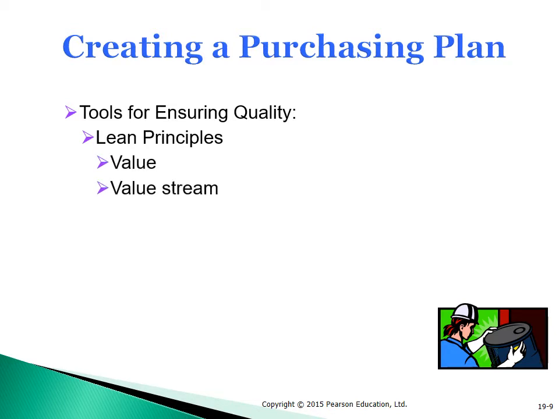Okay, Lean is built on five principles, the first of which is value. What is value? Companies must create products and services that add value from the customer's perspective. The second principle is value stream.